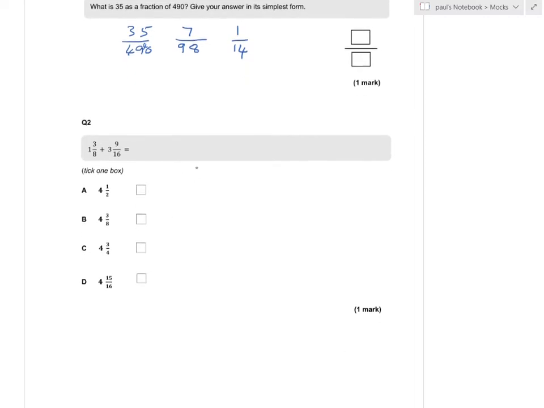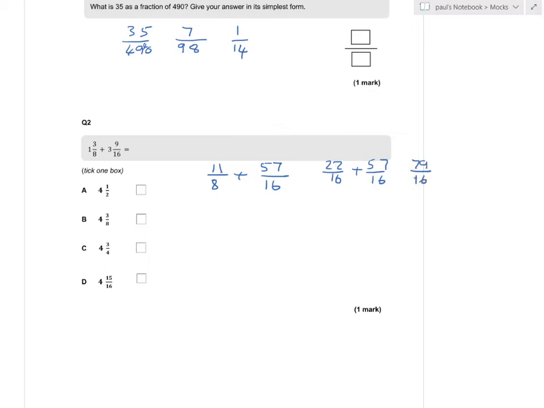So 1 and 3/8. Let's turn them into top heavies. So we've got 11 over 8 plus 48 and 9 is 57 over 16. I'm going to double this one to make this 22 over 16 plus 57 over 16, which is 79 over 16.